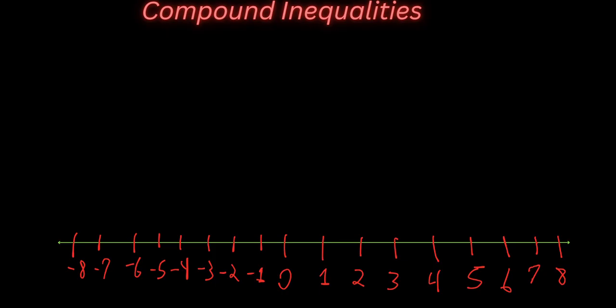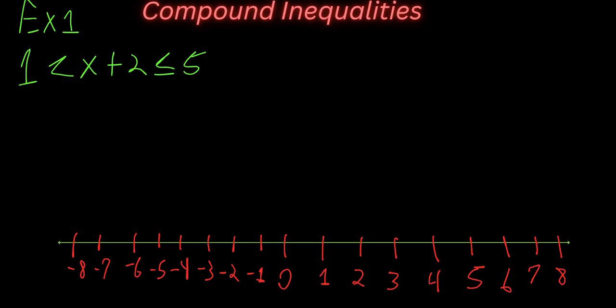So now we're going to work on an example. Let's say example 1: 1 is less than x plus 2, which in turn is less than or equal to 5.